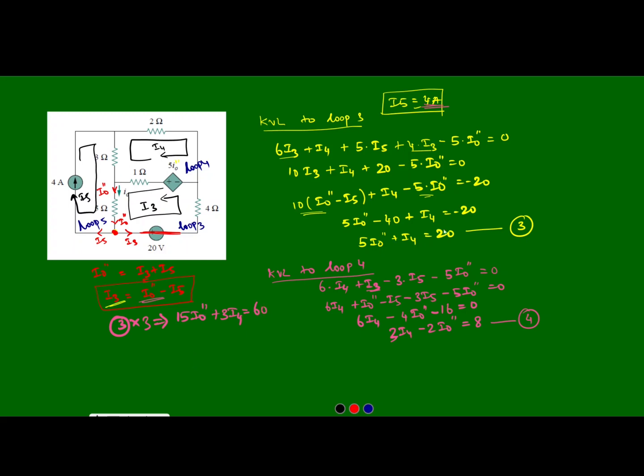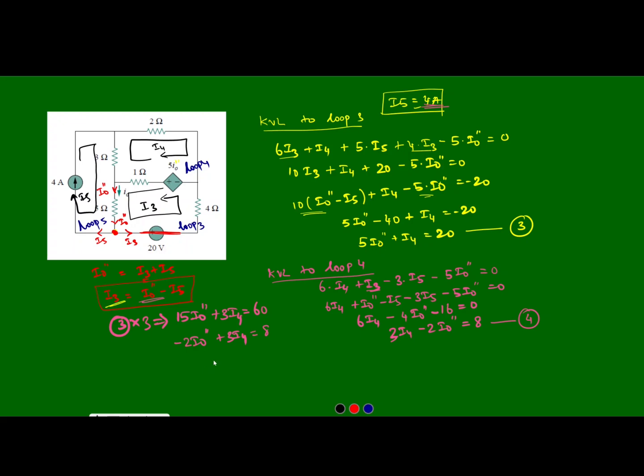When we multiply equation 3 with 3, the equation will become like this, and equation 4 we can write as it is. 3I4 we will write, and negative 2I0 double dash which is equal to 8.